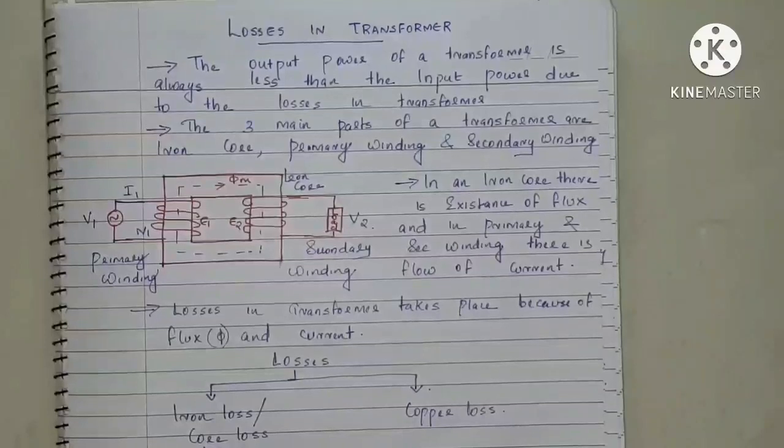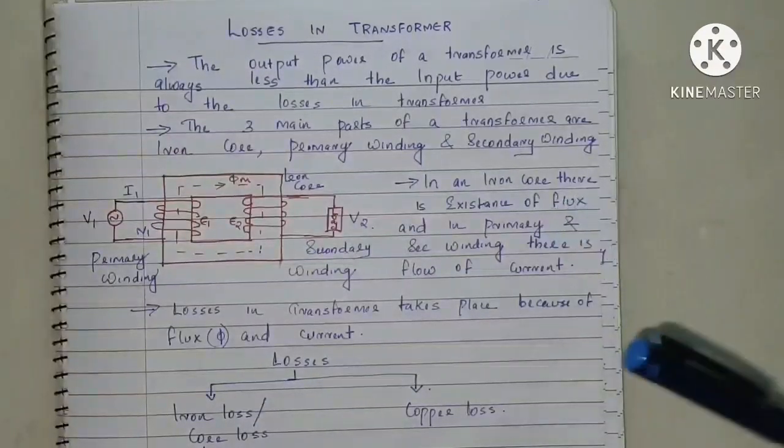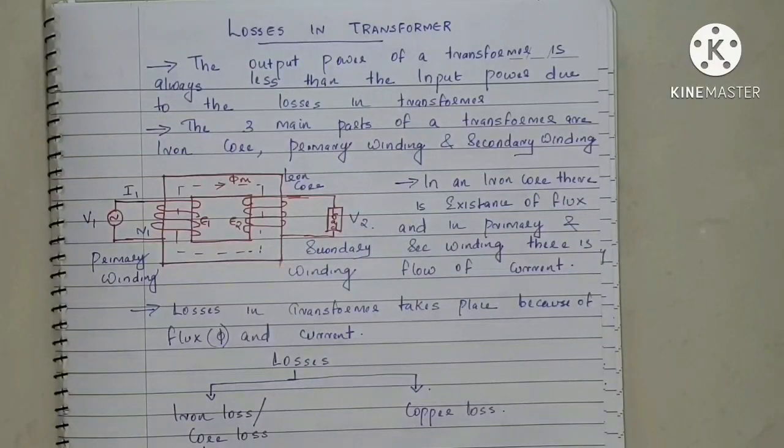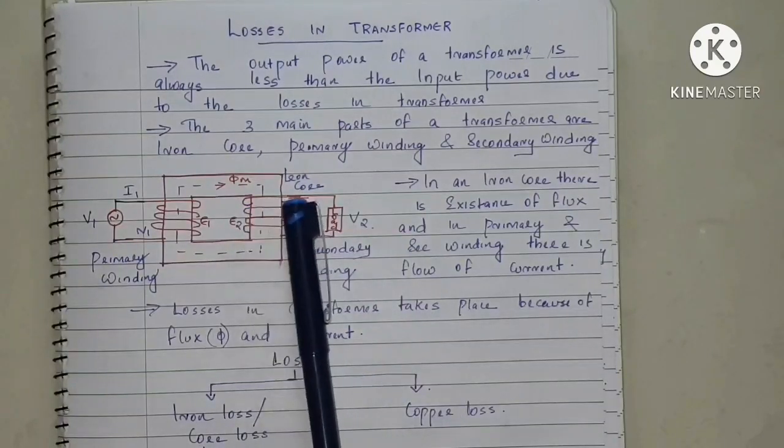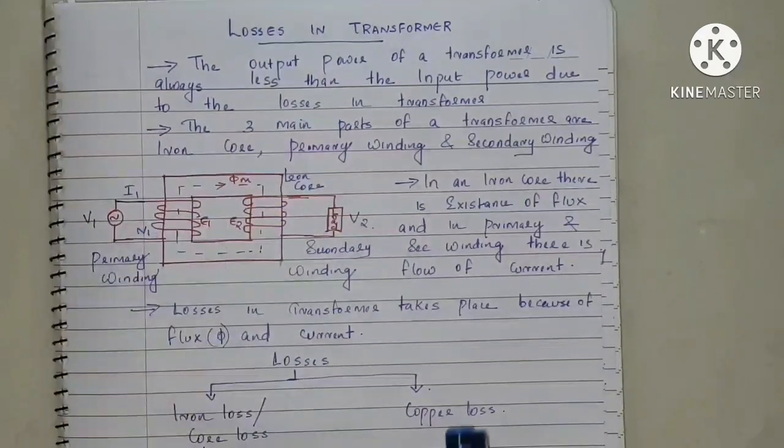Our next topic is losses in transformer. The output power of a transformer is always less than the input power because of some losses in transformer. As we already discussed, there are three main parts in a transformer, that is iron core, primary winding as well as secondary winding.